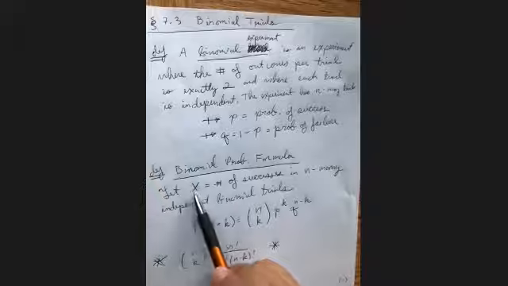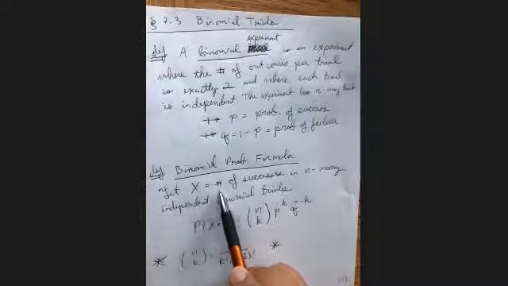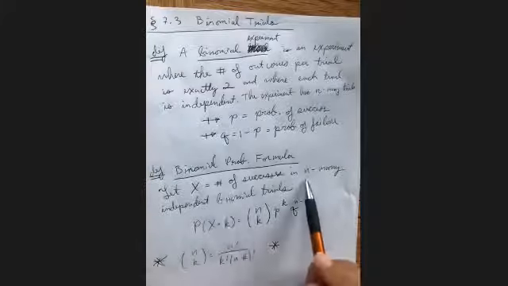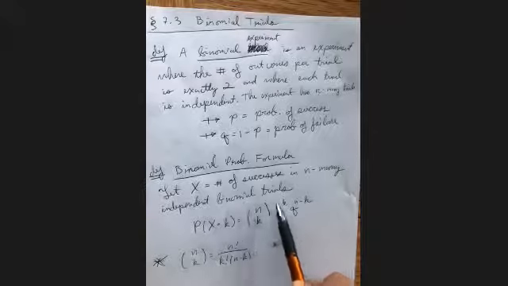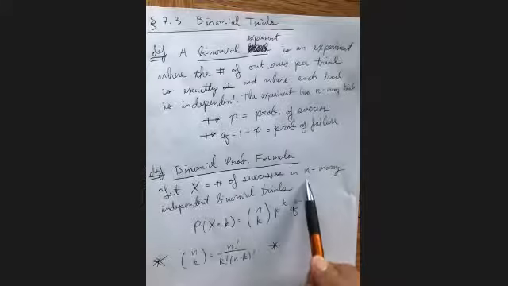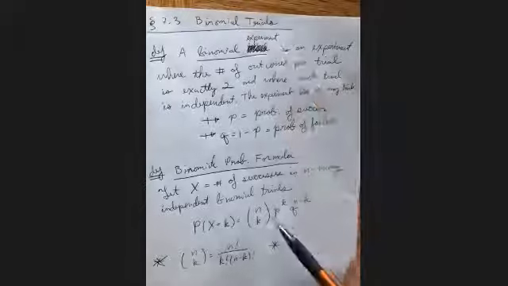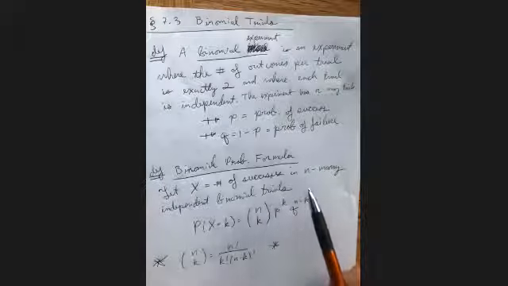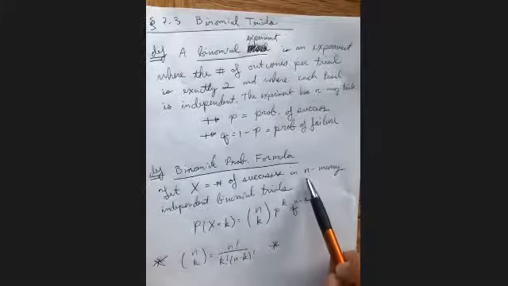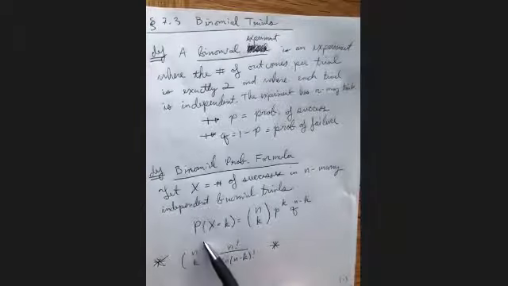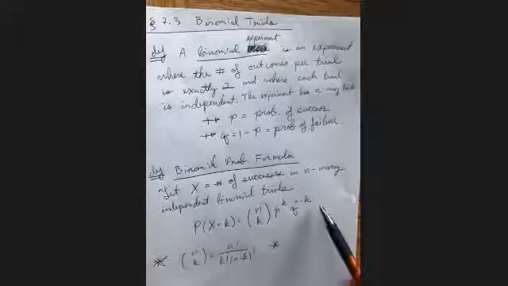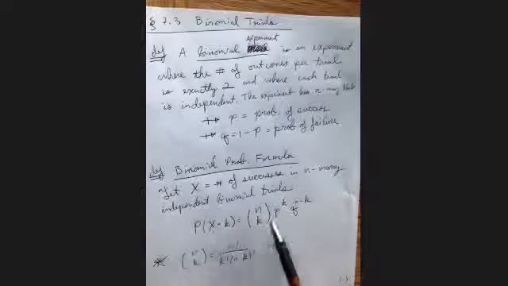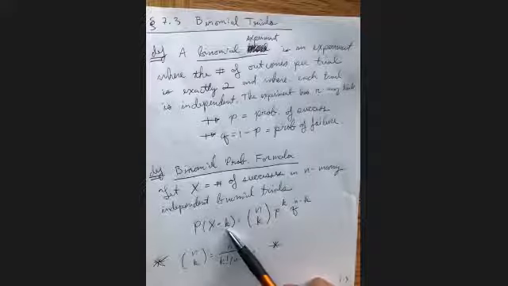So this starts off by defining a random variable, big X, which counts the number of successes in n many independent binomial trials. So there are n many trials in the binomial experiment, and this X, this random variable, counts the number of successes out of n many attempts. Okay, so this function here actually determines the probability of getting k many successes out of n many trials, where k is some number that's less than or equal to n.